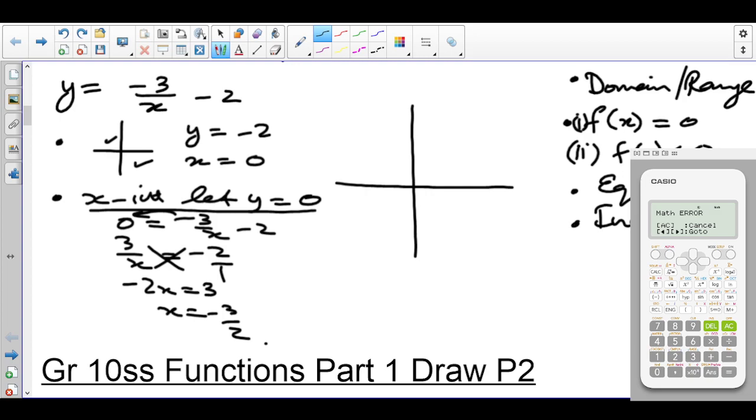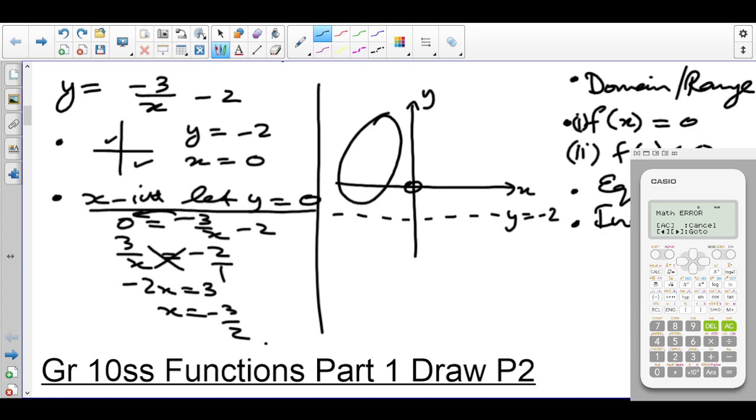We start off with the asymptote. So we know the y-intercept is an asymptote. And y is equal to negative 2 is an asymptote. So it's lying in quadrant 2 and quadrant 4, sorry.